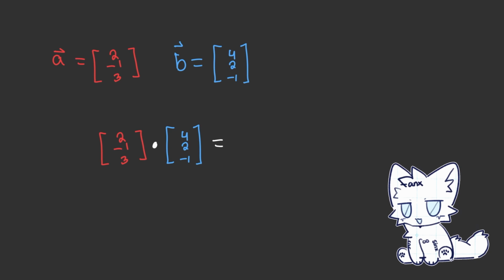So what I mean here is multiply 2 and 4, plus -1 and 2, and then 3 and -1.